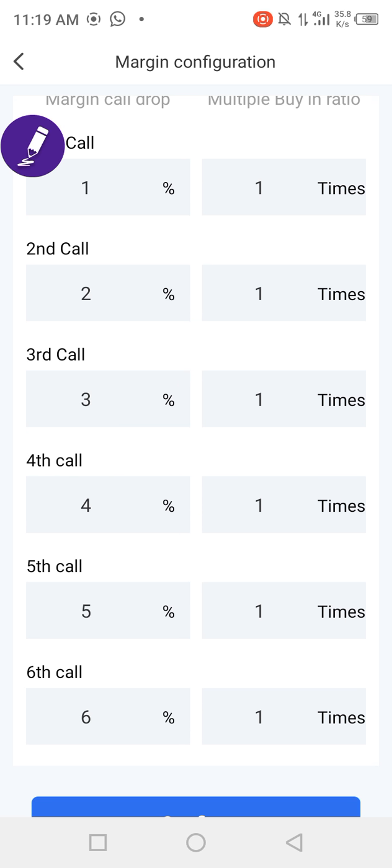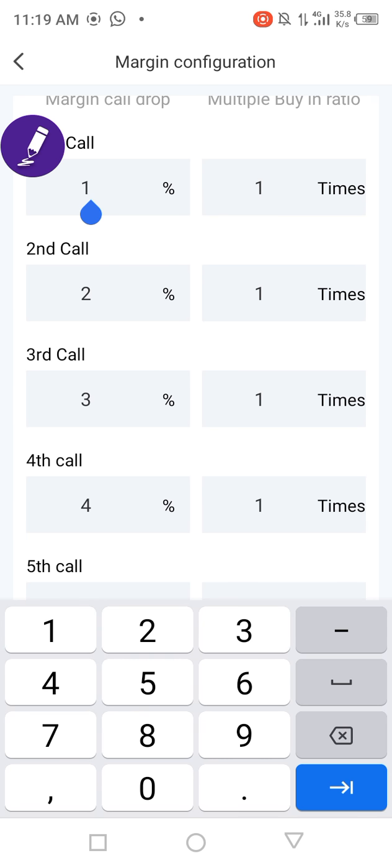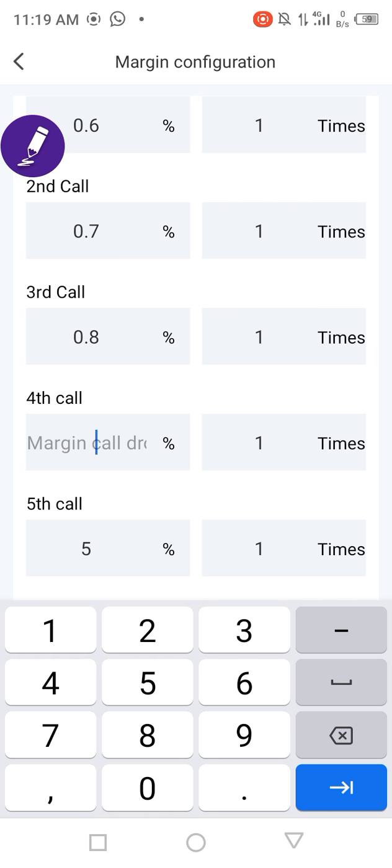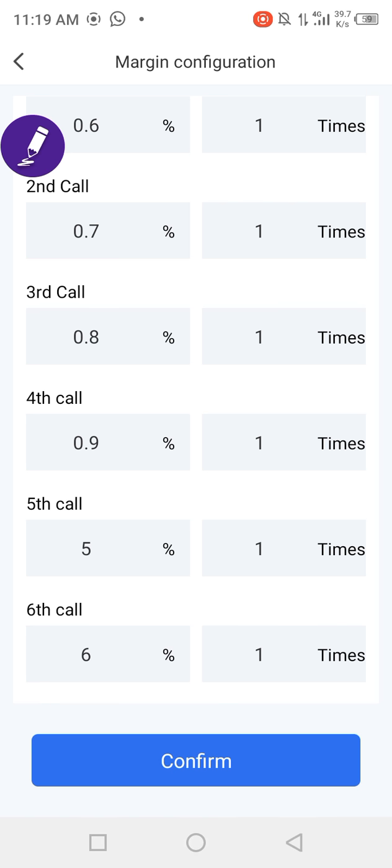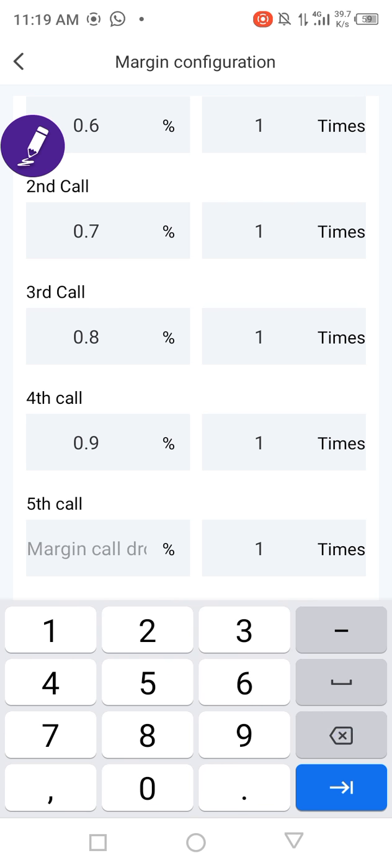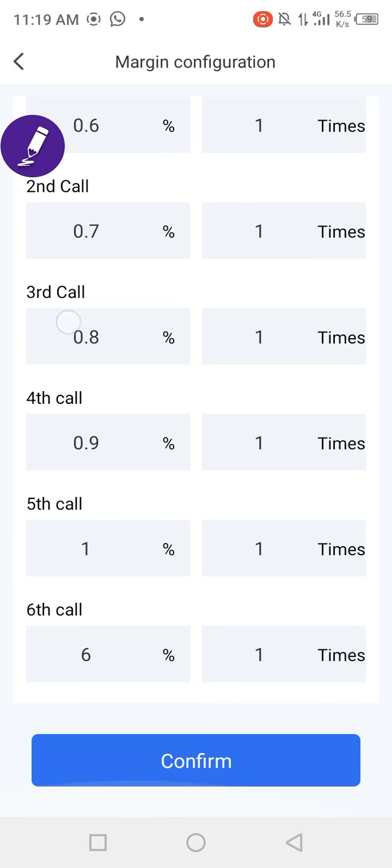But usually you can allow the system to buy faster. You can say 0.6, and then another 0.7 buy. Use another 0.8 buy. Use another 0.9 buy. Use another 1% buy.